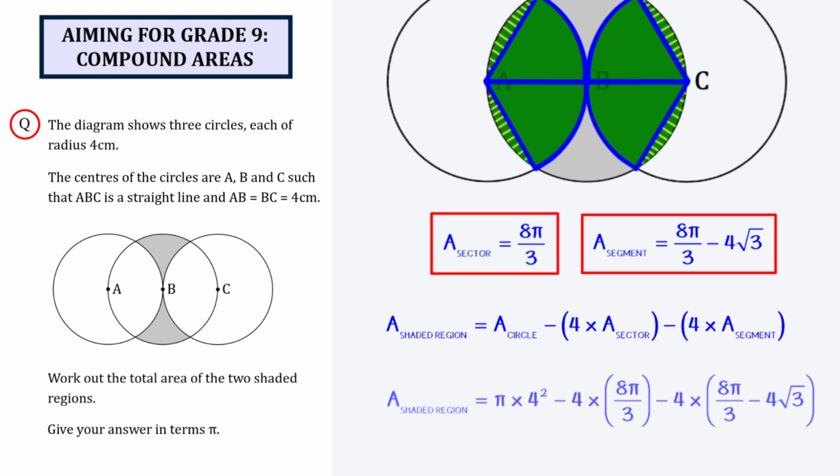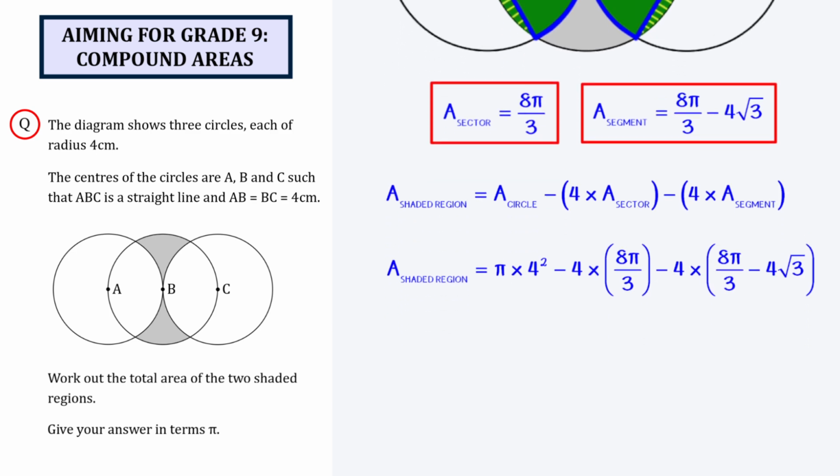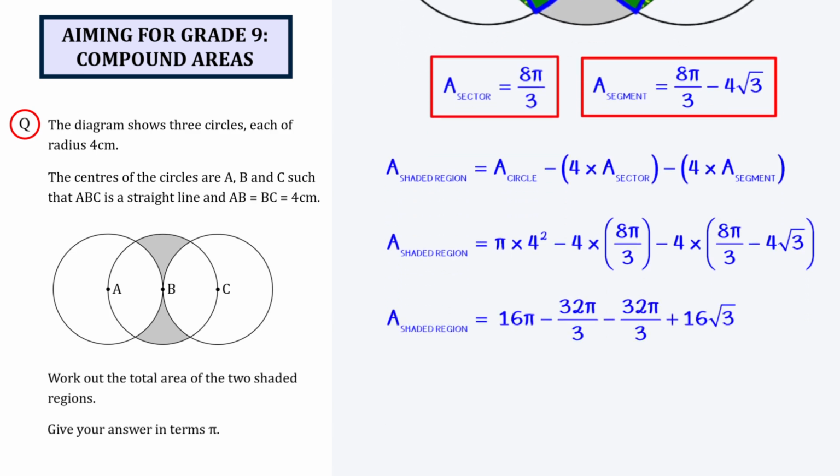And so we get pi multiplied by 4 squared minus 4 times 8 pi over 3 minus 4 times 8 pi over 3 minus 4 root 3, which gives 16 pi minus 32 pi over 3 minus another 32 pi over 3 plus 16 root 3.